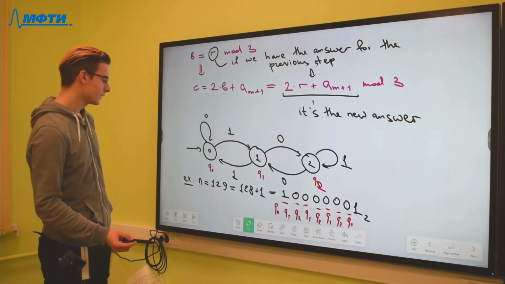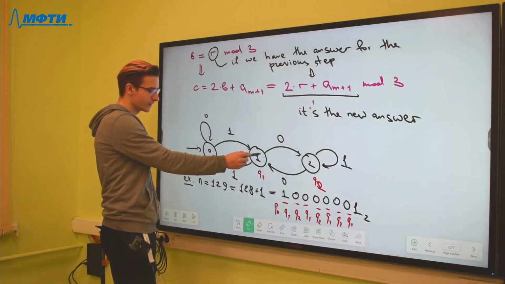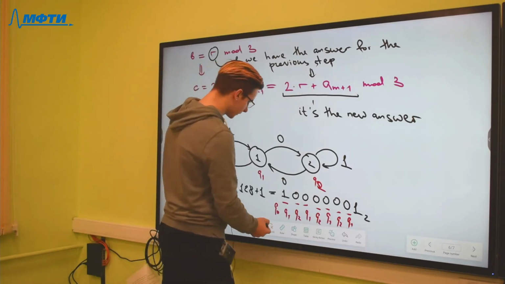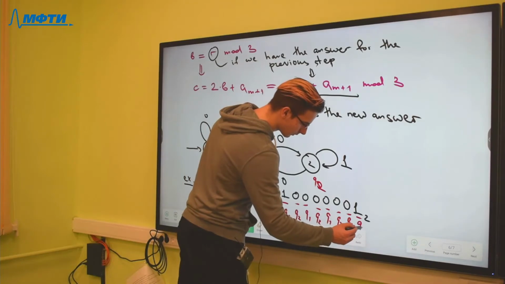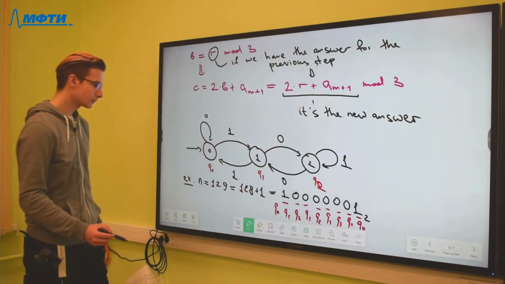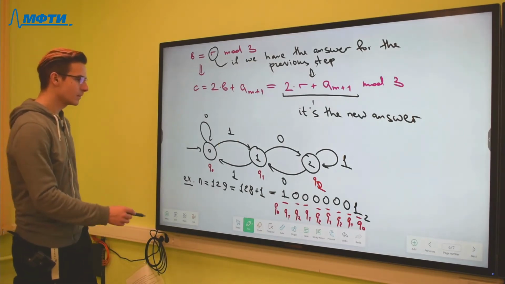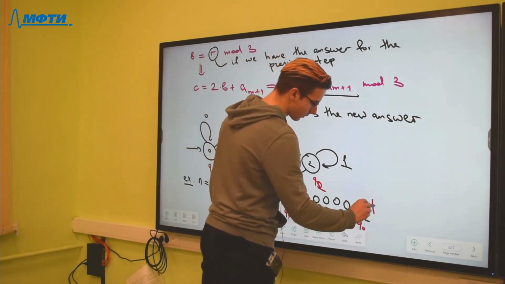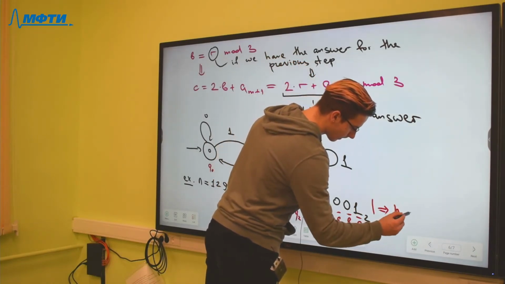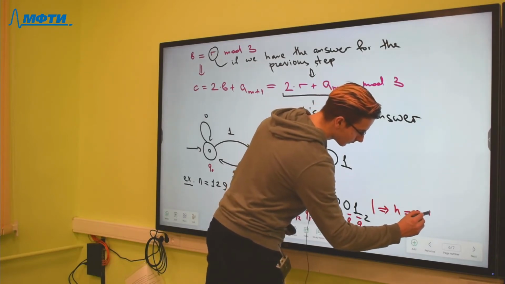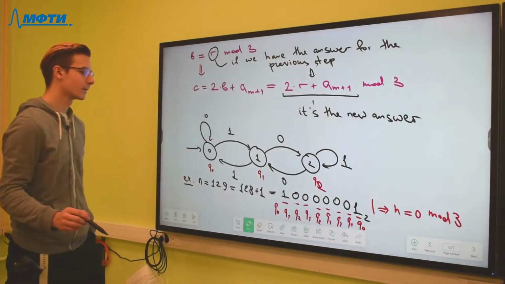And then we see that the last number is 1, and we go from this state to 0. So I can say that this number will be equal to 0 modulo 3.